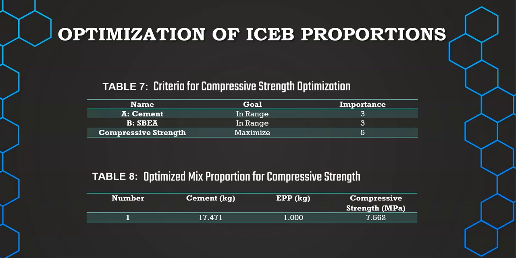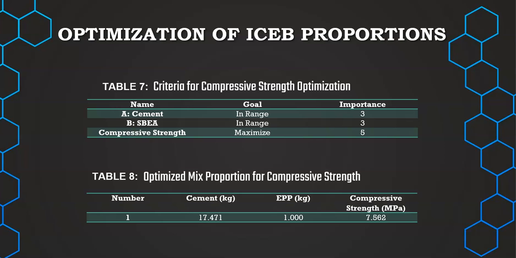The criteria for strength optimization were each set to 335 for cement, SBEA, and compressive strength. The software indicated that the ICEB has a maximum compressive strength of 7.562 MPa at 94.6%, which is 17.47 kilograms of cement, combined with 5.4% of SBEA, which is 1 kilogram.